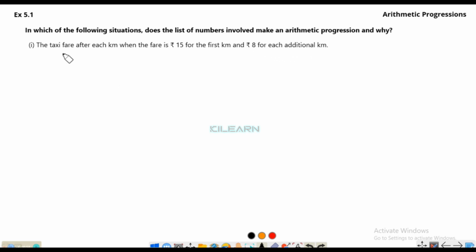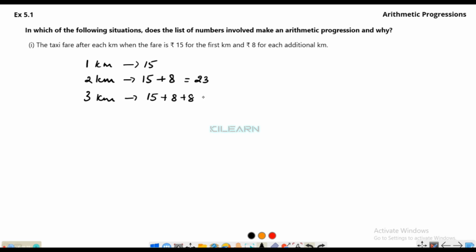So what they are saying is the taxi fare for each kilometer. So we can take the first kilometer. What is the taxi fare? That is 15 rupees. What is the taxi fare for 2 kilometers? That is 15 rupees plus 8 rupees, which gives us 23 rupees. For 3 kilometers, we add 15 plus 8 and one more 8.